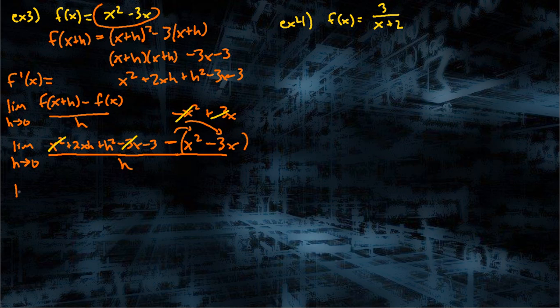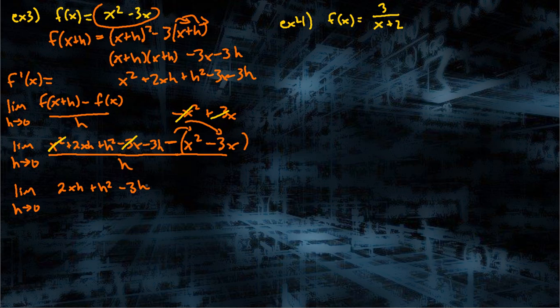So we get the limit as h approaches 0 of 2xh plus h squared. That minus 3 might mess us up a little bit. Where did that come from? That should be minus 3h. That should distribute right there. So this should have an h right there.